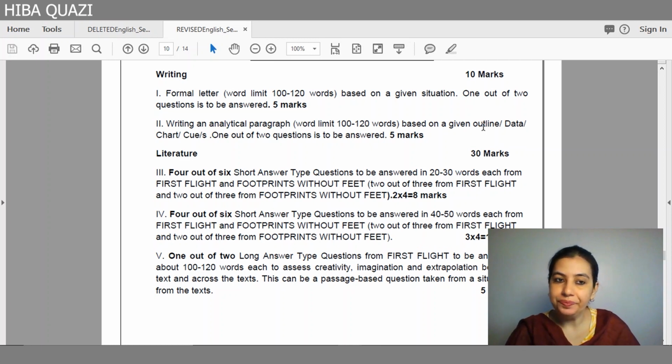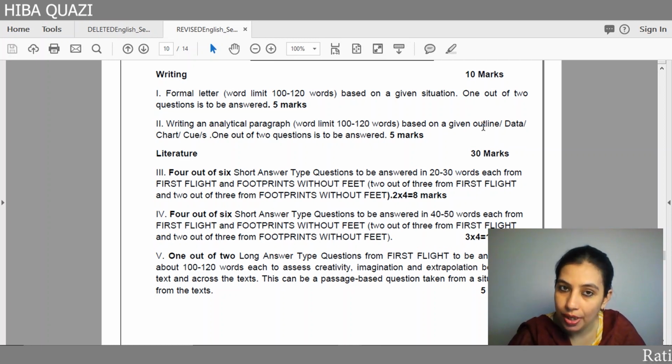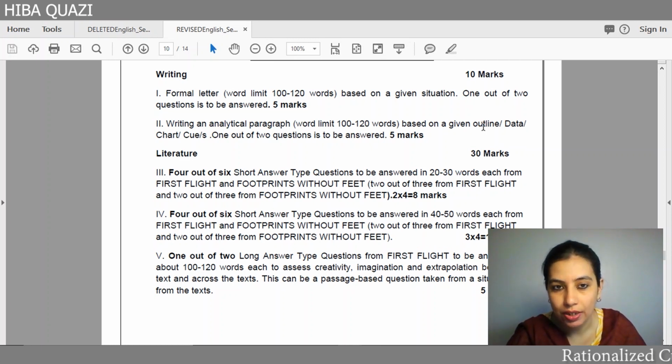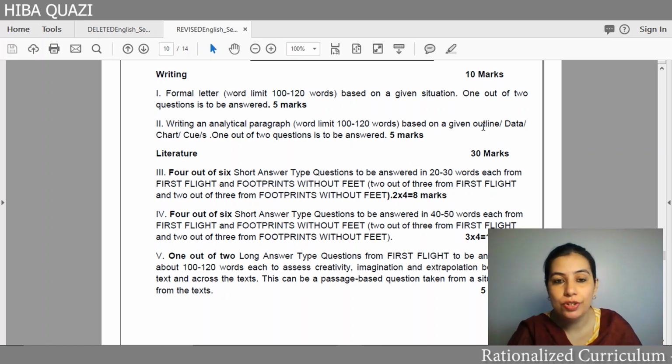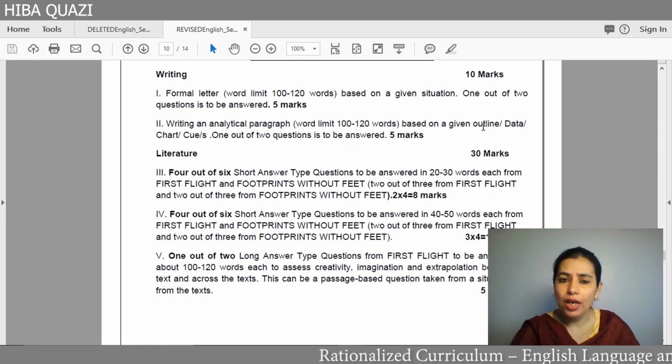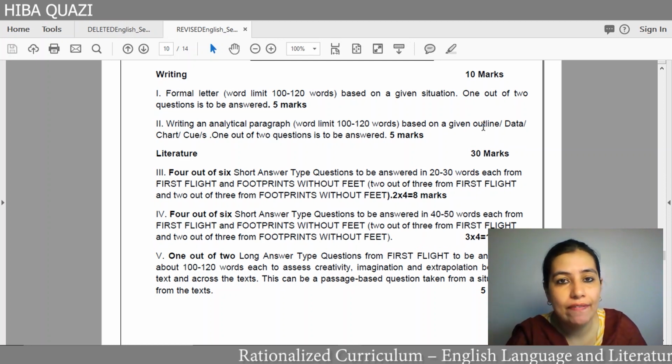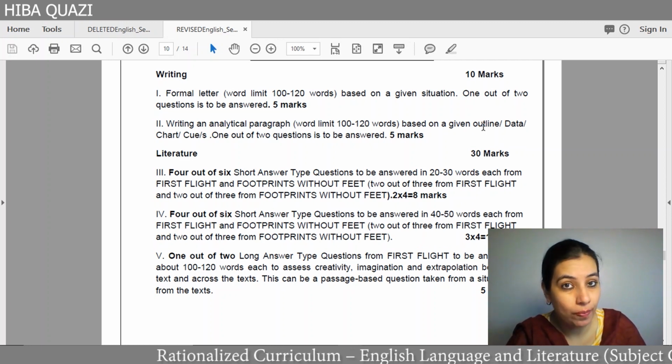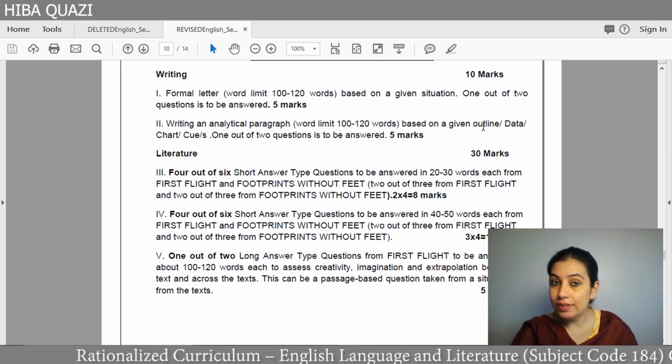part B, under writing, question number 1, we have a formal letter which has a word limit of 100 to 120 words based on a given situation. Now here, it's quite a tricky one. They haven't said what type of a formal letter. Will they be business letters?